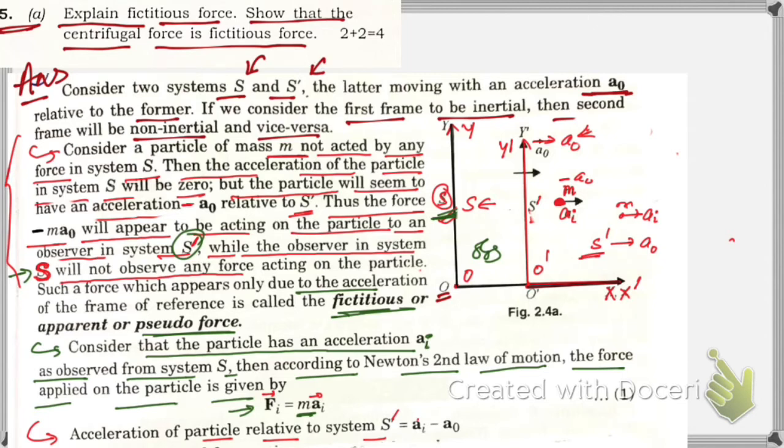The acceleration of the particle a i minus the acceleration of the system S dash, that is a i minus a naught, right? This is what we have got, a i vector minus a naught. So hope you have understood this. This above equation is taken as equation number 1. Now let's move on to the next slide.